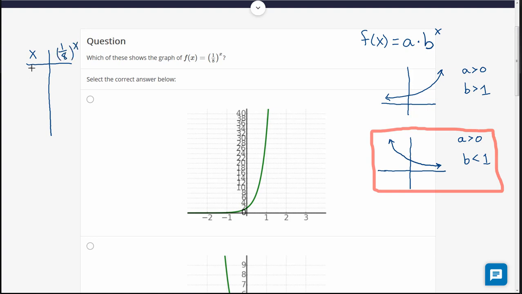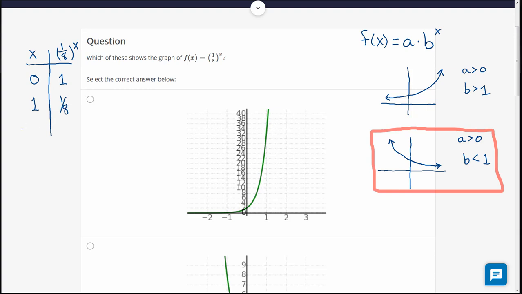Let's take x to be 0. If x is 0, then 1/8 to the 0 is 1. Then let's try 1. If we put 1 in for x, we get 1/8 to the 1, which is 1/8.